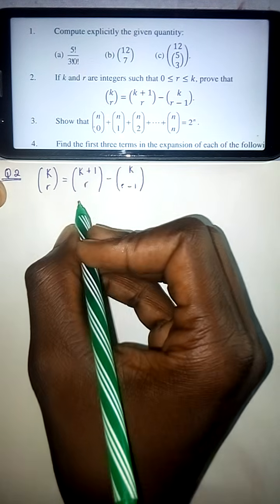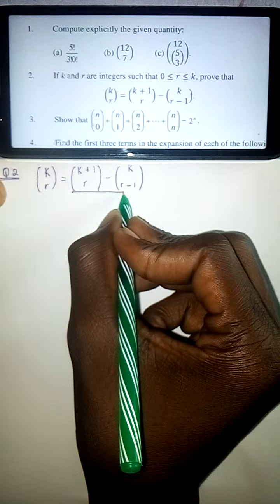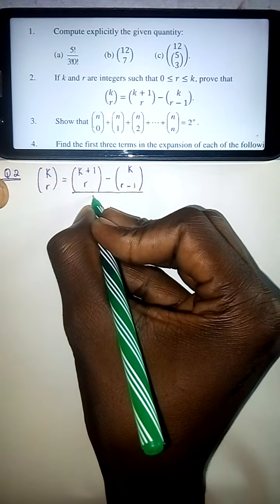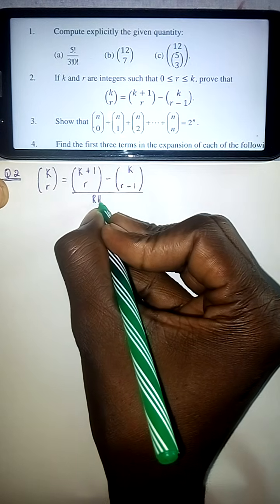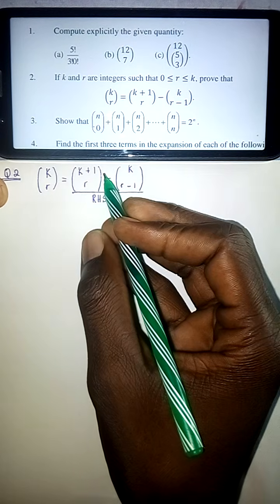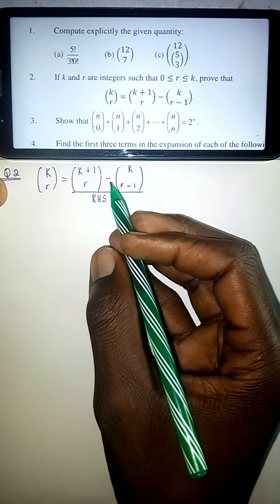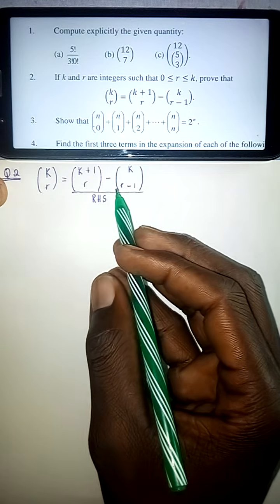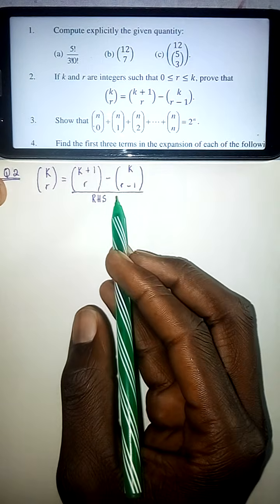Well, to prove, we are going to work with the right hand side. This should be your right hand side, so we are going to work from our right hand side.